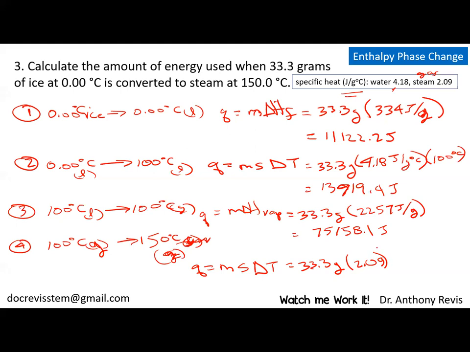So just be aware of that. And the units here are joules per gram degrees C, times the temperature change of 50. And so when I punch this number through, I get 3,479.9 joules.